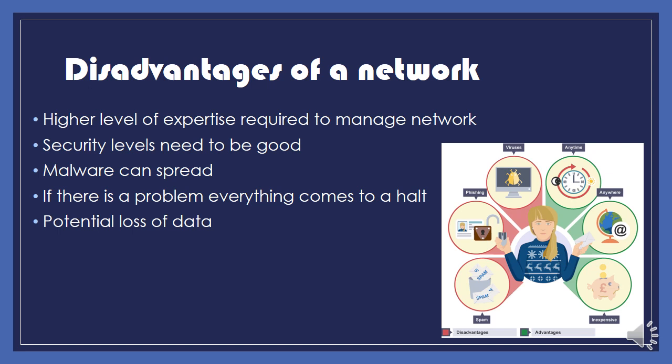Another problem is that if a virus attacks one computer, it can spread easily to the others. And if there's a problem, for example, if your main computer, which is called your server, goes down, then everything can come to a halt. And there's also the possibility that data could get lost because of the way a network is run.